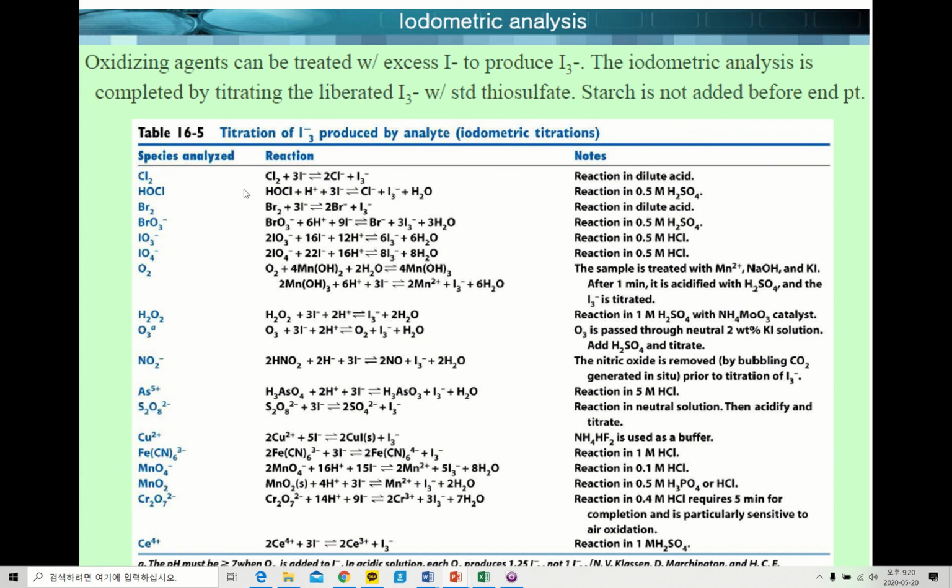That way, hypochlorous acid now reacts with iodide, and triiodide is produced. All like that. So in iodometry you need two steps. First, you produce triiodide, and then the produced triiodide is determined by the standard reducing agent.